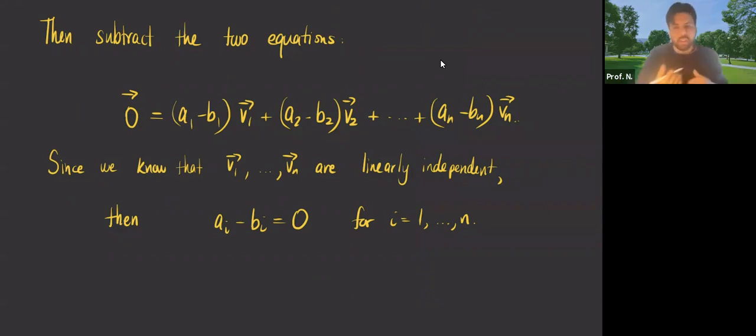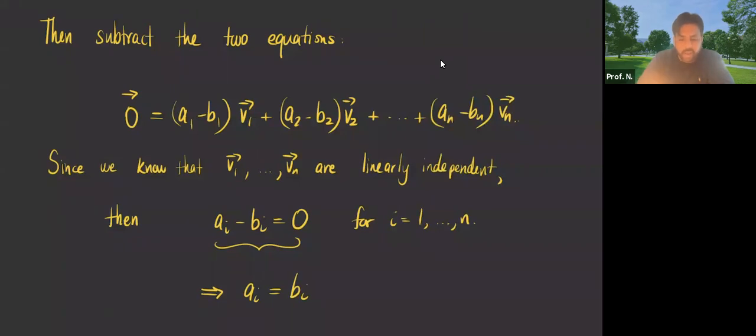We already know that they're linearly independent. We're not showing that they're linearly independent. We're using the fact that they are already linearly independent because they're a basis. So this forces us to say that the coefficients must all equal zero. But if they're all equal to zero, then what's the immediate consequence? It must mean that Ai must equal Bi for all i from 1 through n.